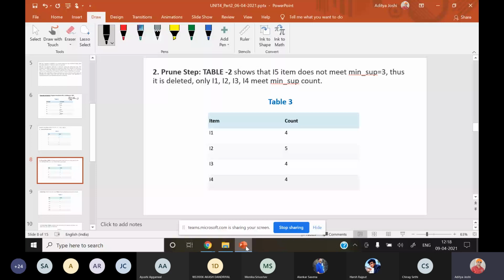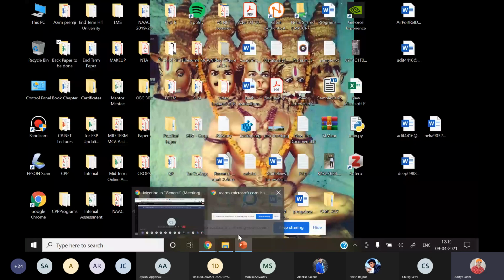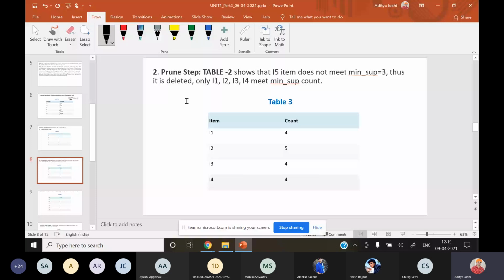Now, what is the next step? What is the next step? The next step is again the join step, right? So we will join each item with another item, right?